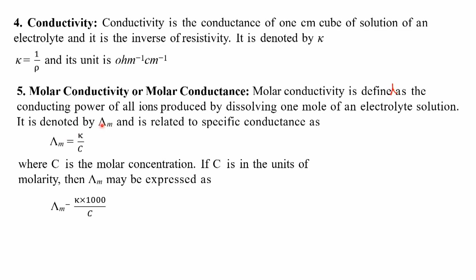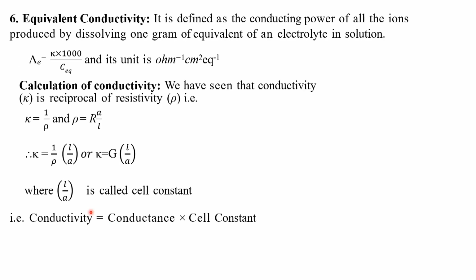It is related to specific conductance as lambda m equals kappa by C, where C is the molar concentration. If C is in the units of molarity, then lambda m may be expressed as kappa times 1000 by C.